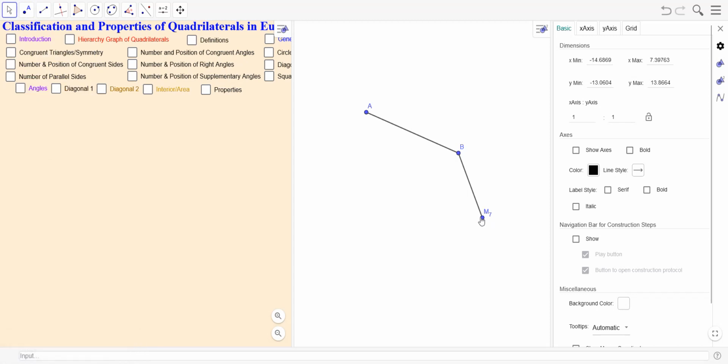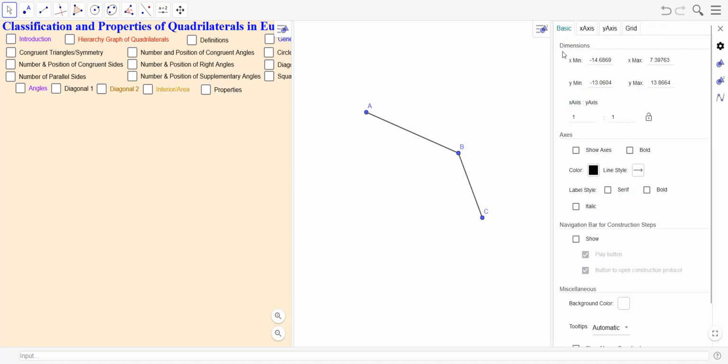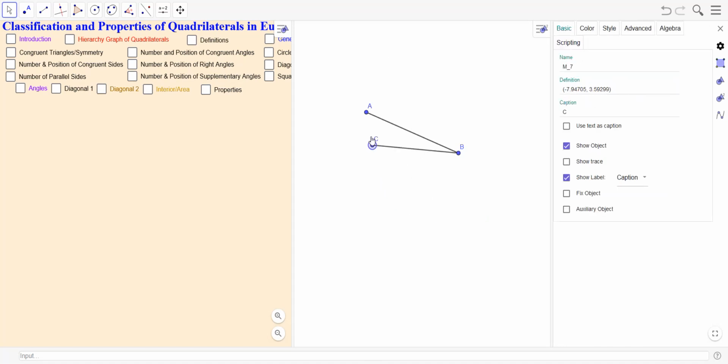Why didn't this one change to C? Let's try that again. C. Okay, there we go. So now we have three completely free points.